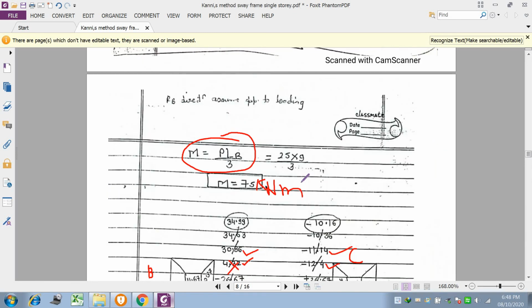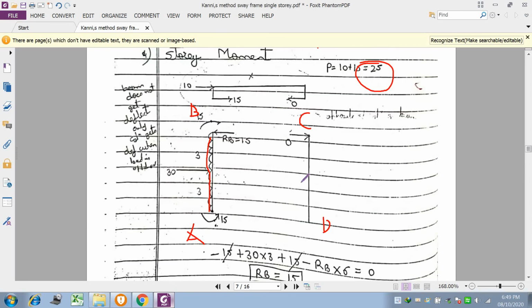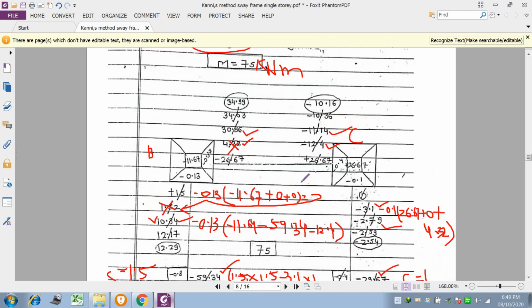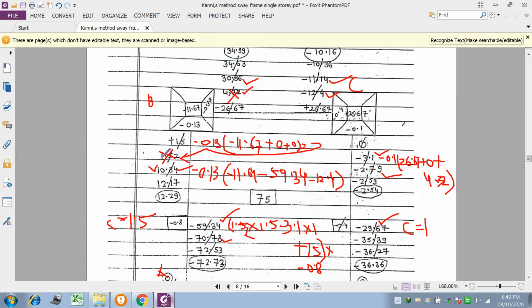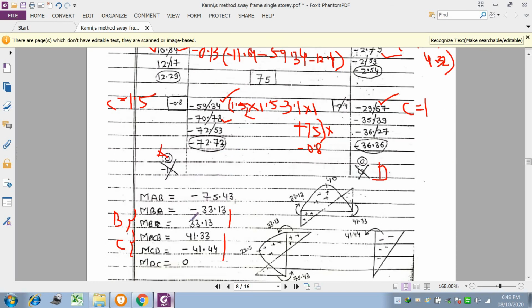So this is another example. You can practice more and more numericals, but the most vital step is your iteration cycle. Once you understand the iteration cycle, you can easily solve n number of numericals, because many students make mistakes here, and because of that they get stuck in the final moment calculation.